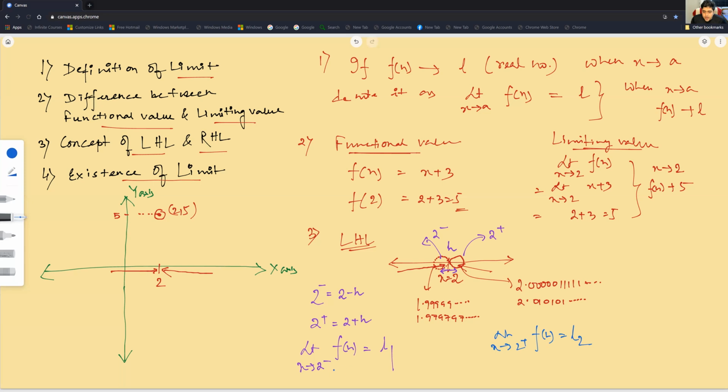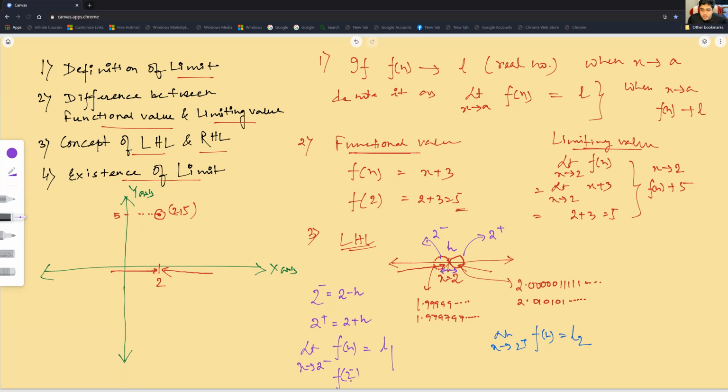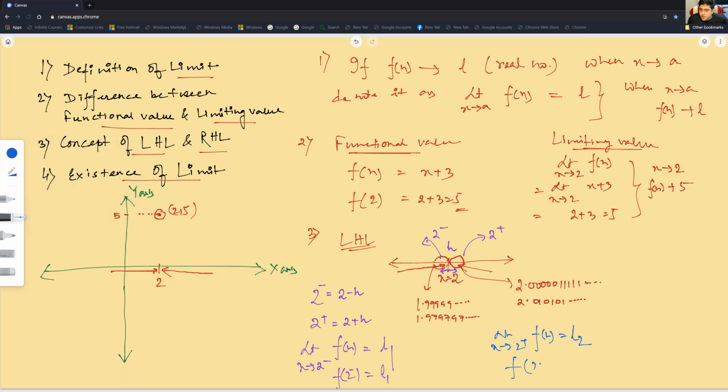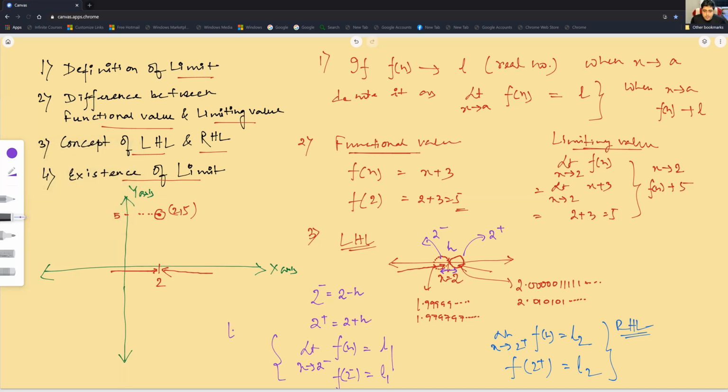That you can also denote as f of 2 minus, that is L1, and here f of 2 plus, that is L2. So this is the right hand limit or limiting value, and this is the left hand limiting value, right?